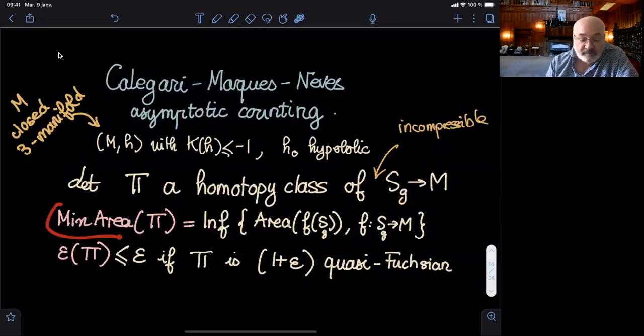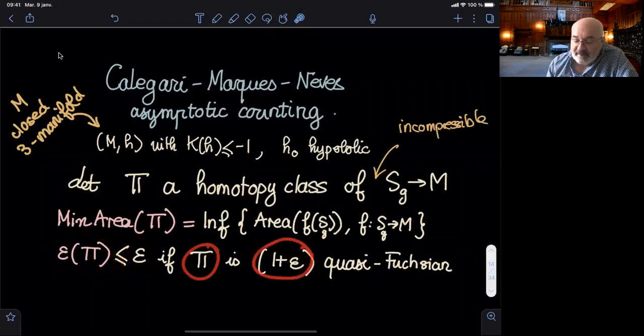So this notion depends on the metric, because this area is measured using the metric on M. Okay, and the other thing that you do is you compute some invariant of pi, and you say epsilon of pi is less than epsilon if pi is a 1 plus epsilon quasi-Fuchsian group.